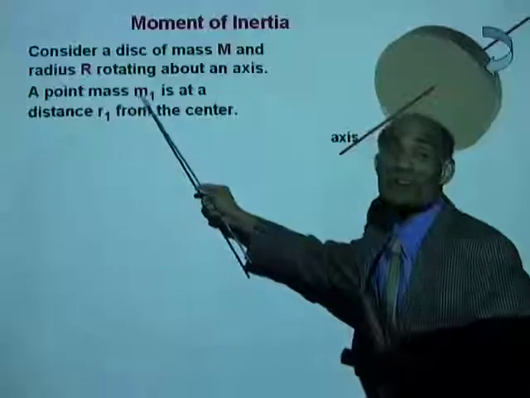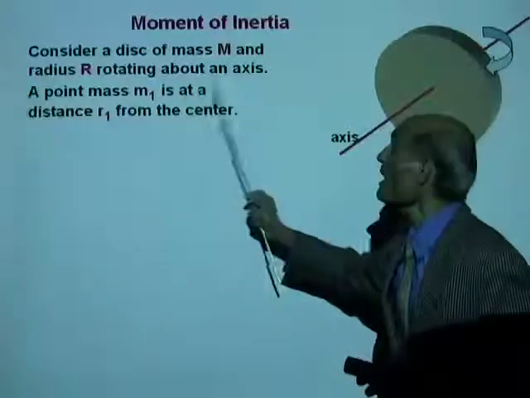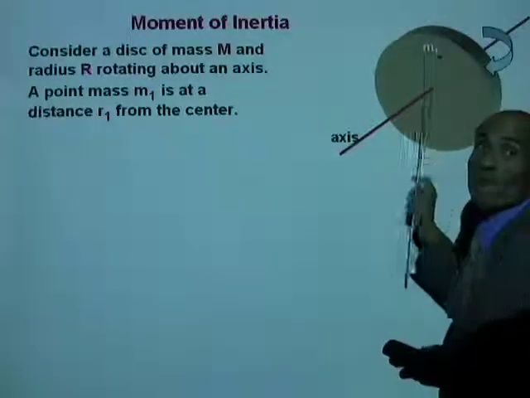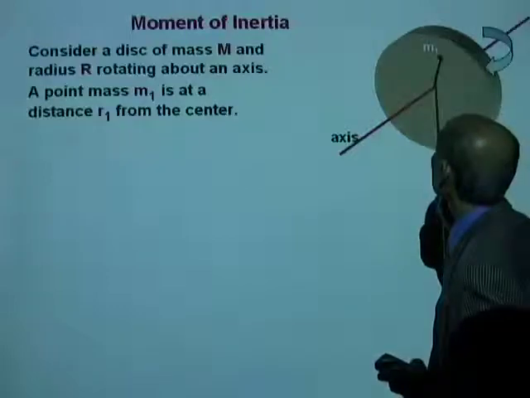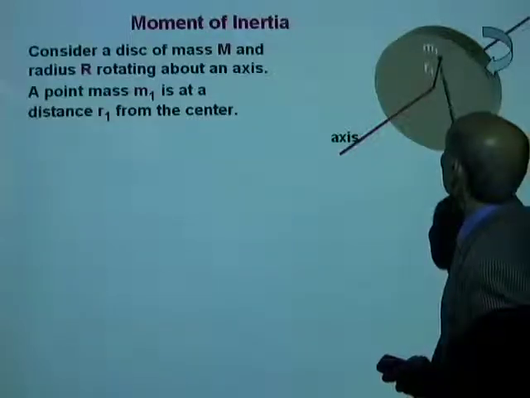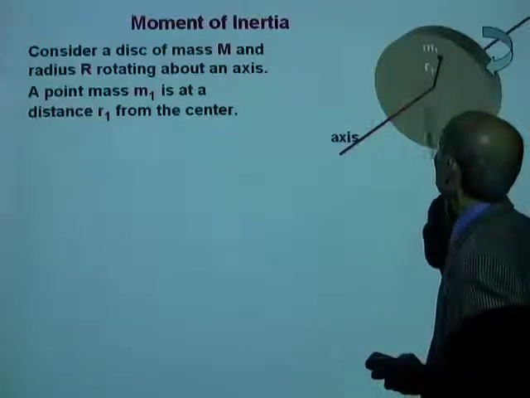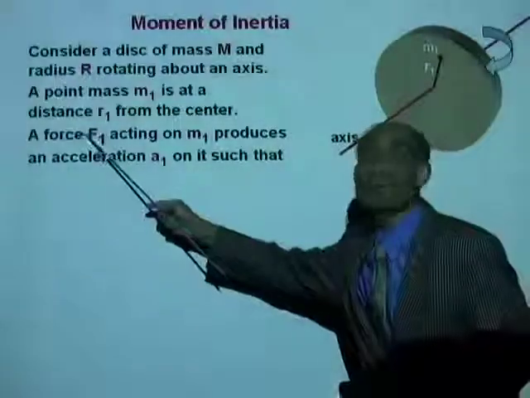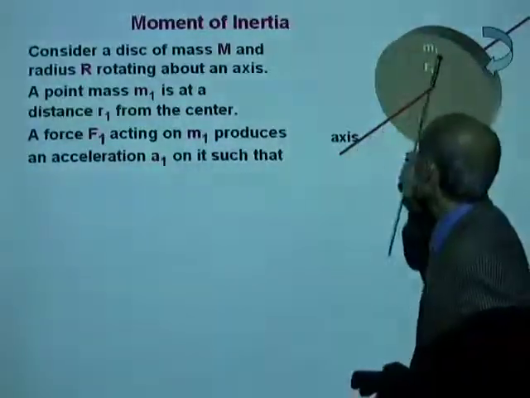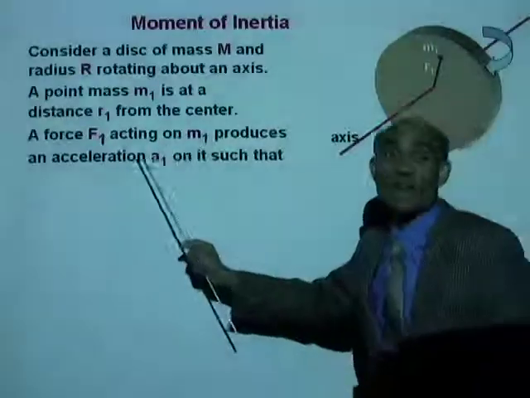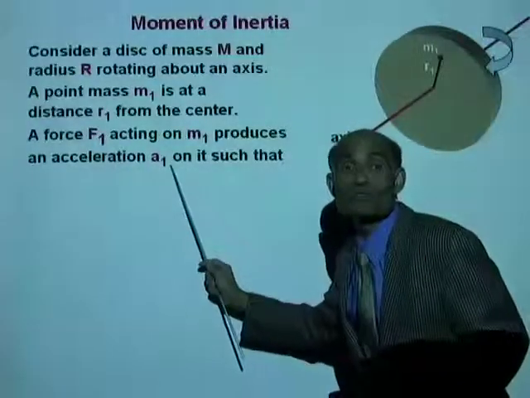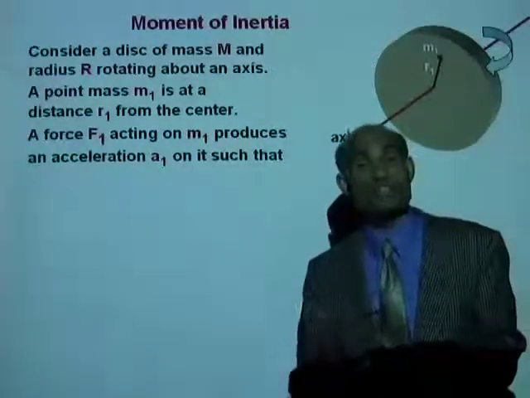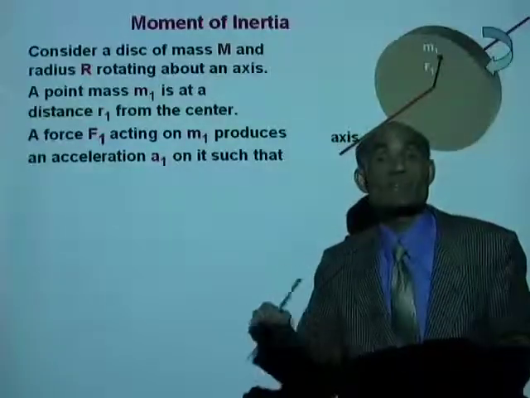A point mass m1 at a distance r1 from the center. Let's say this is a point mass of mass m1 and its distance is r1 from the axis. If a force F1 is acting on that mass m1, that force F1 will produce on it an acceleration a1 according to Newton's second law of motion, F net equal to ma.